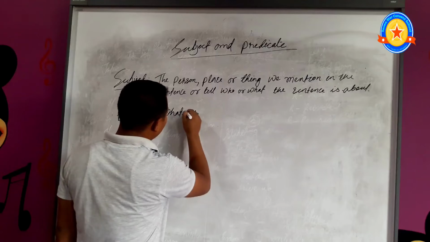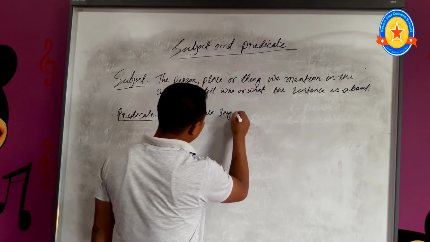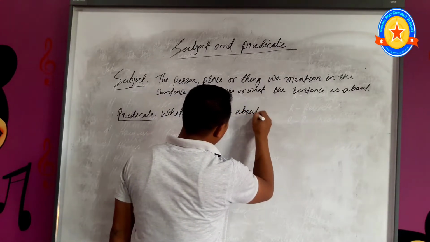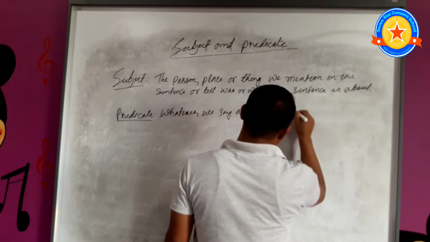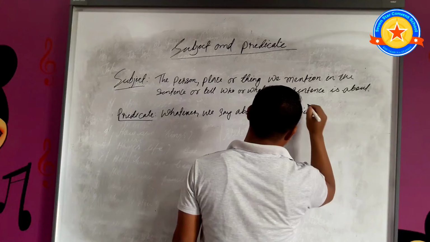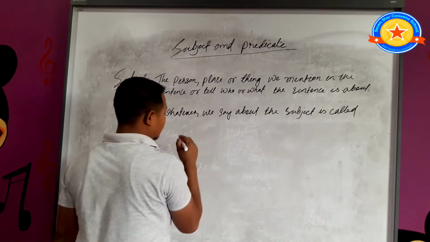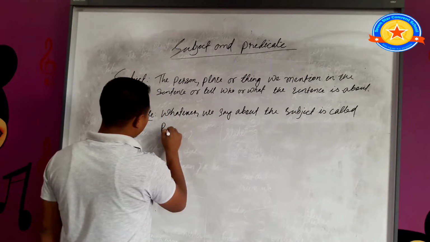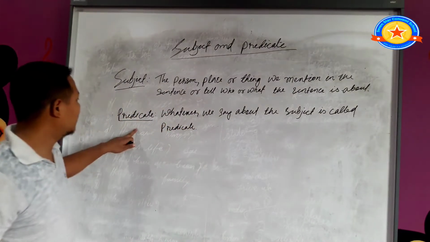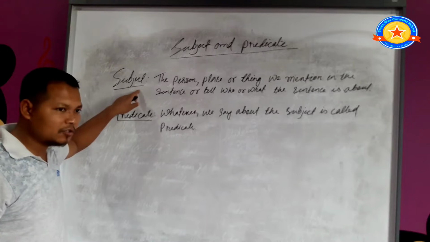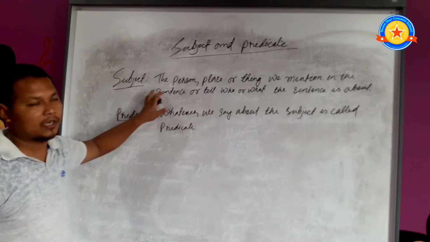Whatever we say about the subject is called the predicate. It means the predicate indicates what the subject is doing. So every predicate shows what the subject is doing.